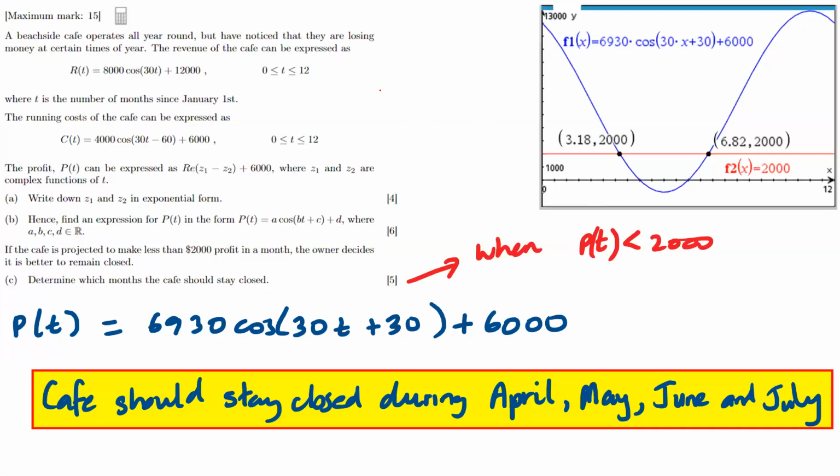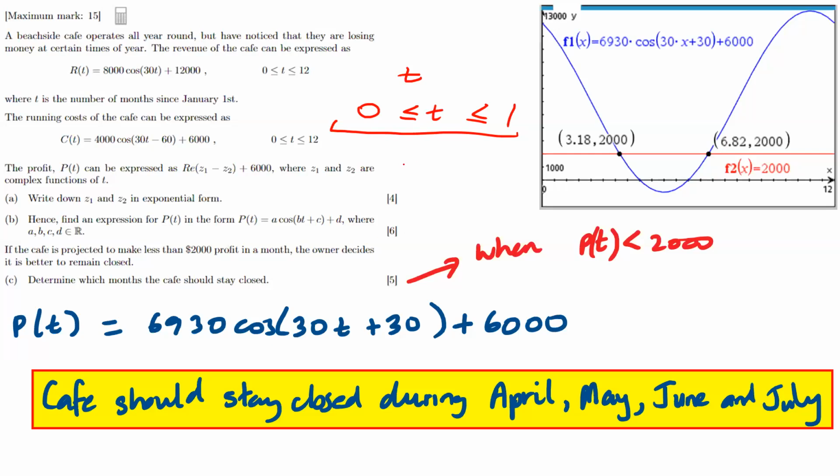I'll just see if I can write up here. If t is anywhere between 0 and 1, that whole region would be January. Anything between 0 and 1, because there's decimals, right? So 0.1 would be in January, 0.9 would be in January.